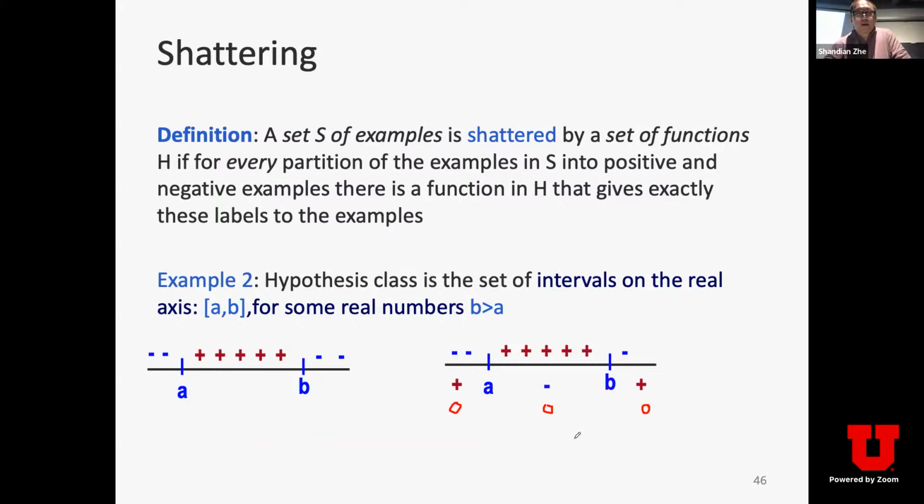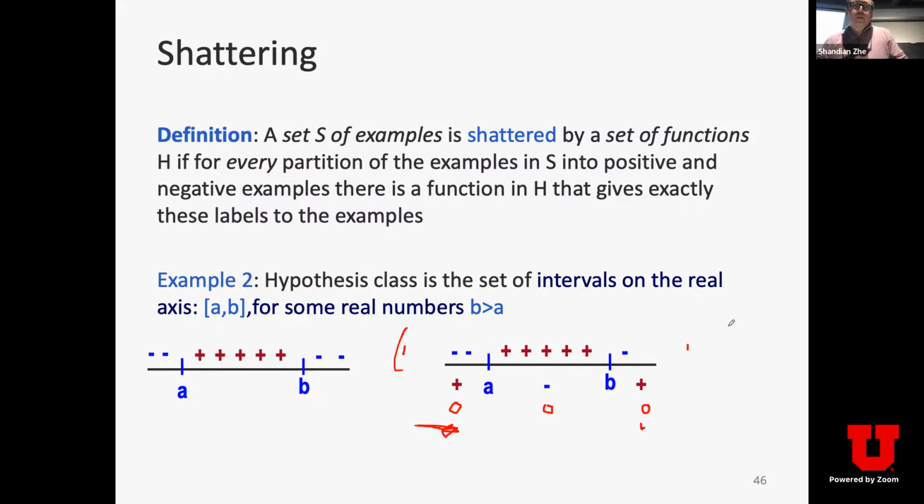Because if we want to correctly predict the left point and right point, you have to make A and B further apart so that the interval can include both the left point and the right point, right?